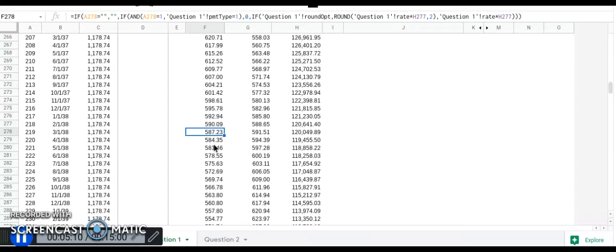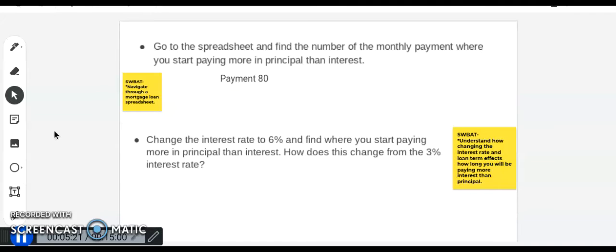And if you follow me over, that payment number is 219. So go ahead, flip back to your Jamboard. That's going to be payment 219.